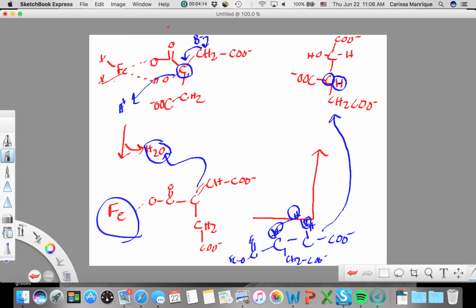And this carbon, which I'm going to box, instead of having 2 hydrogens, now has a hydrogen and an OH. So through this mechanism, this OH basically moved over to the CH2. This long, drawn-out process is basically to move the OH to a different carbon. And this is our isocitrate.